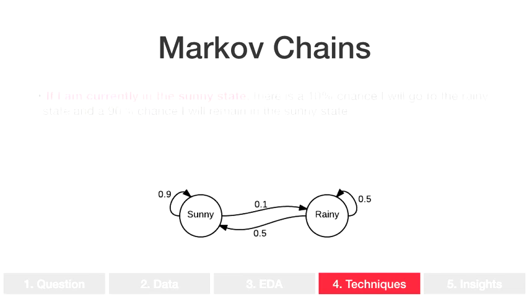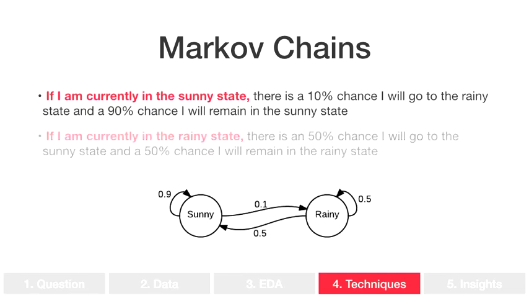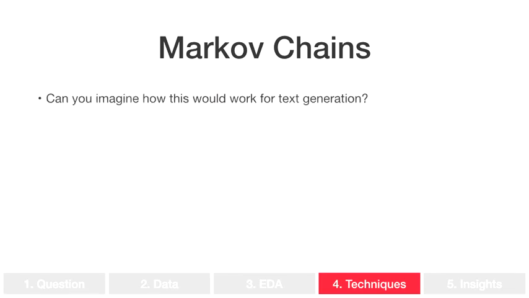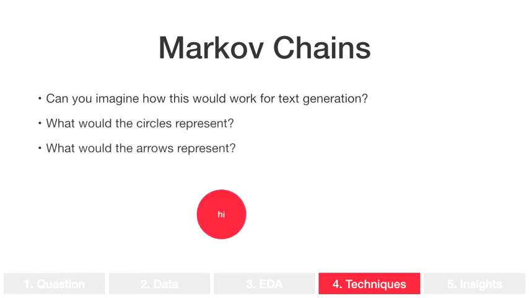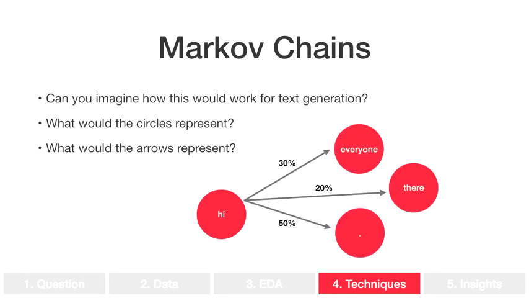Instead of going through this example, I will just go through the text example. It takes every word as a state, and then looks at the next word and asks, how likely is this going to be the next word based on this word?